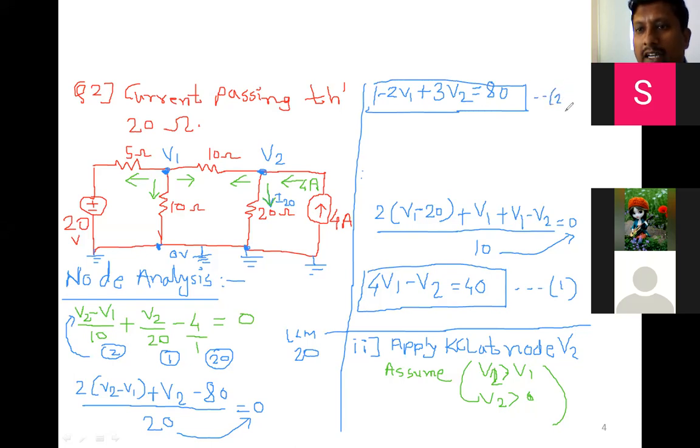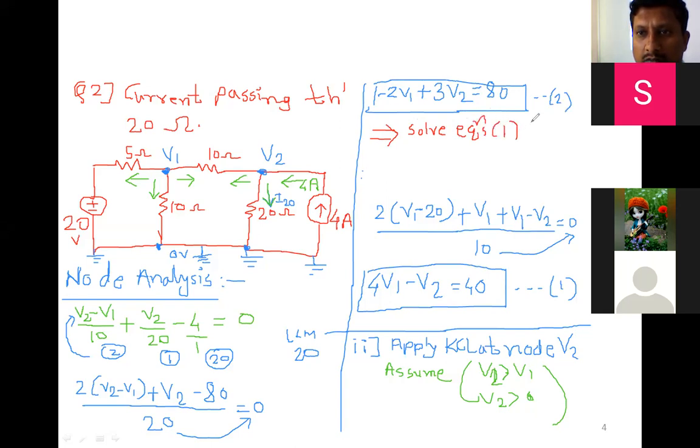So solve equations 1 and 2. Equation 1 is in front of you. Equation 2 is in front of you. Solve and tell what will be the answer. So how to solve? By using a calculator.